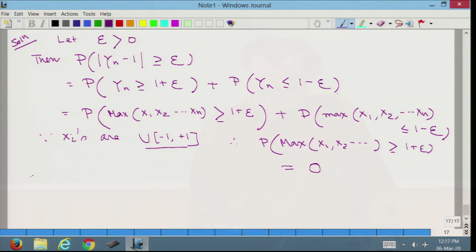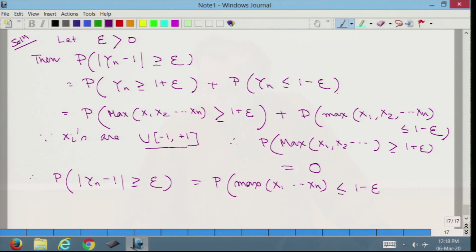Therefore, probability |Yn − 1| ≥ ε boils down to probability maximum of X1, X2, ..., Xn ≤ 1 − ε.